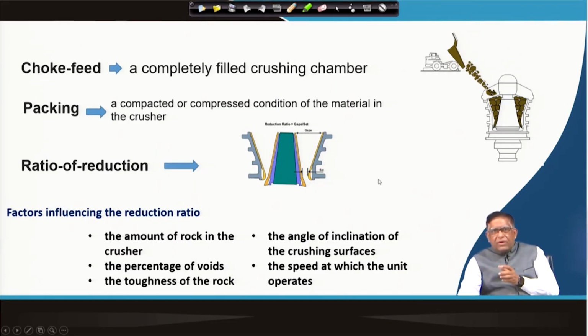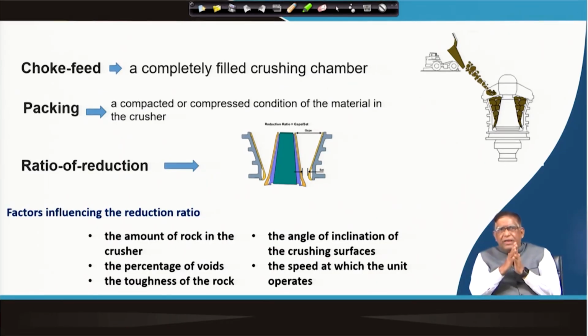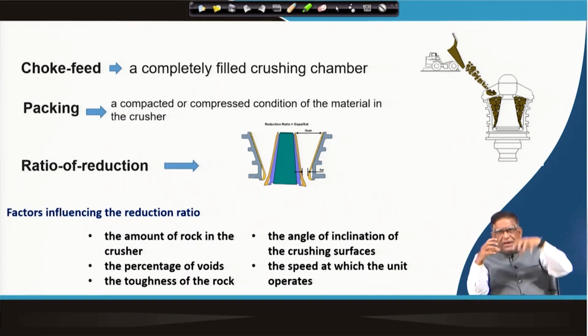Now, for the amount of rock in the crusher, you will have to see what the percentage of voids is when your material is fed into the crusher, whether it is getting very compact packing, or there is some bridge.